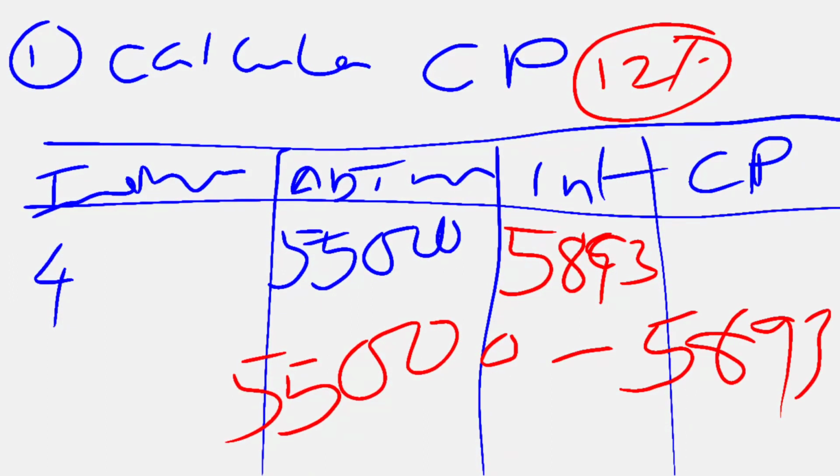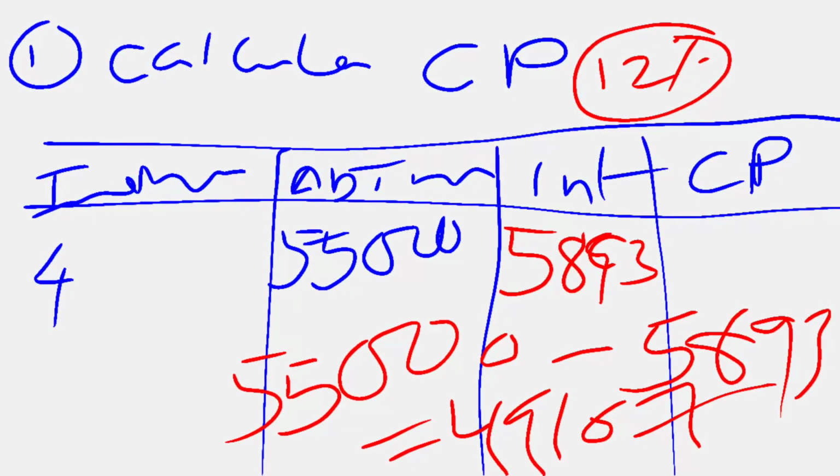That equals 49,107. I hope you understand. For the installment amounts, the interest rate is 12%, so I used 12 by 112, that is the rate of interest divided by 100 plus the rate.